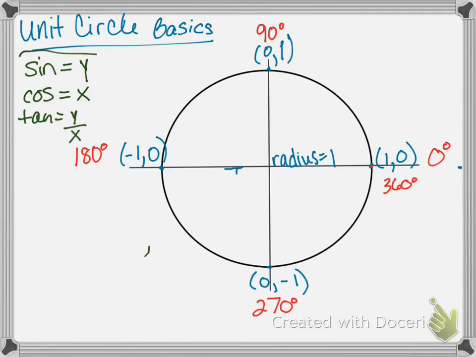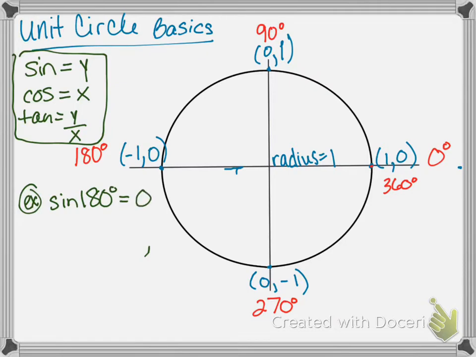This is going to be true every single time for every single unit circle problem. So let's say I asked you to find the sine of 180 degrees. We would look at our circle, go to the 180 degree mark, and we know sine is the y value, so we'd take the y value at 180 degrees, which is 0. So the sine of 180 degrees is 0.